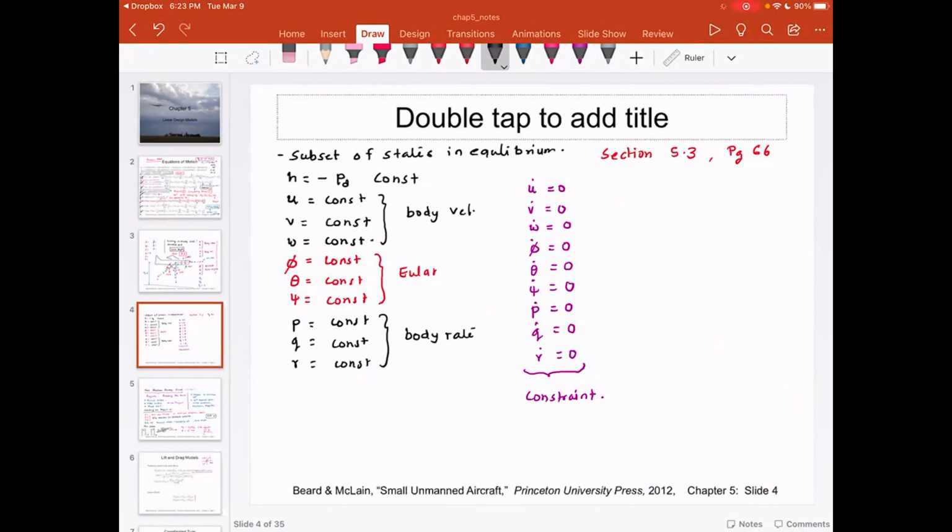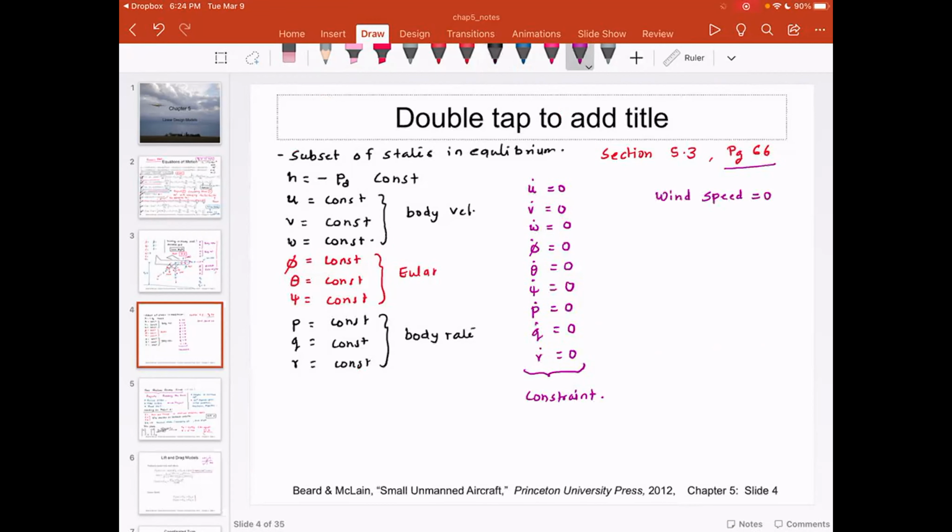However, now let's look at the additional information that is provided to us. The additional information is that wind speed is equal to zero. Again, I'm not saying something different. It is again given on page 66.